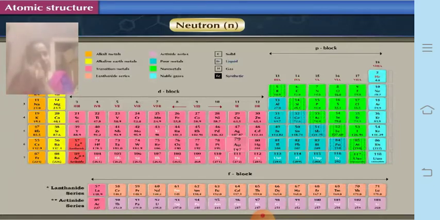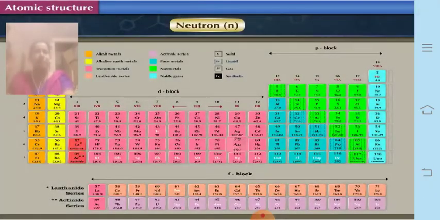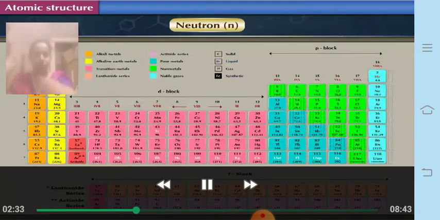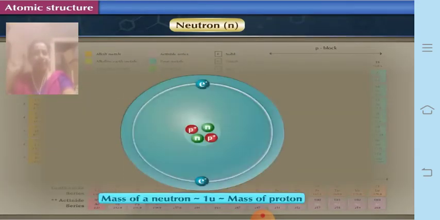The positively charged particle, the proton, is denoted by the symbol P, whereas the number of protons is denoted by the letter Z. This you should remember. So no confusion. The neutron symbol is small n, but the number of neutrons is denoted by capital N. Now all atoms have neutrons except the hydrogen atom. Hydrogen is the only atom which does not have a neutron in the nucleus.